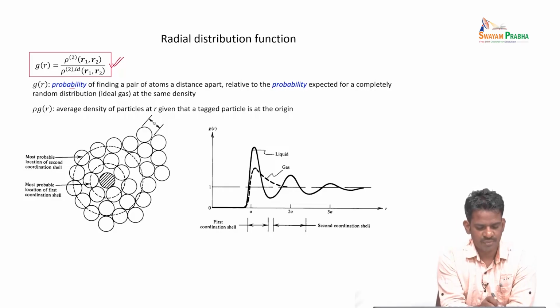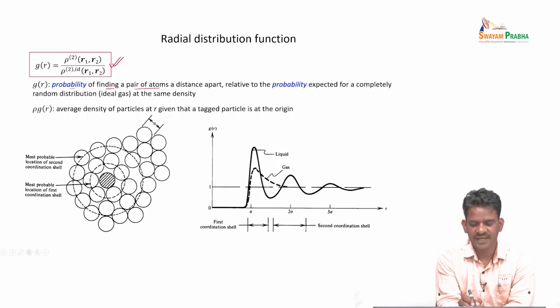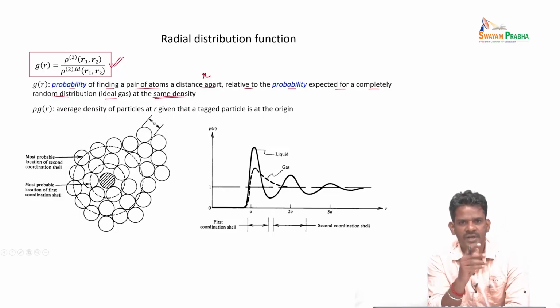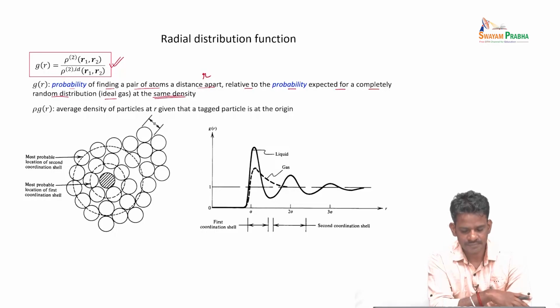So, g of r is the probability of finding a pair of atoms or particles at a distance r apart, relative to the probability expected for a completely random distribution or otherwise ideal gas at the same density and same temperature. So, we are looking at a comparison between a real system and ideal system at the same temperature and same density, and you ask what is the probability of finding a pair of particles at the same distance r, and that is a ratio given by g of r.